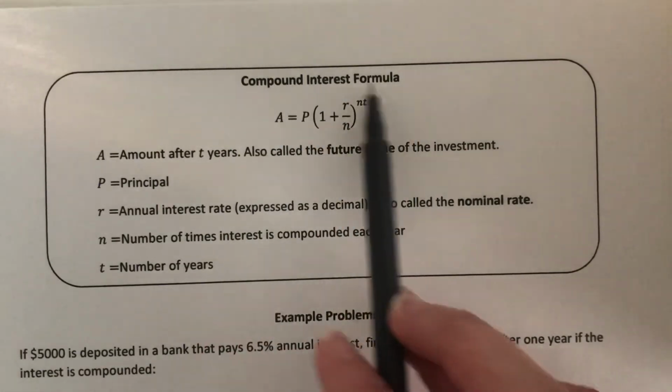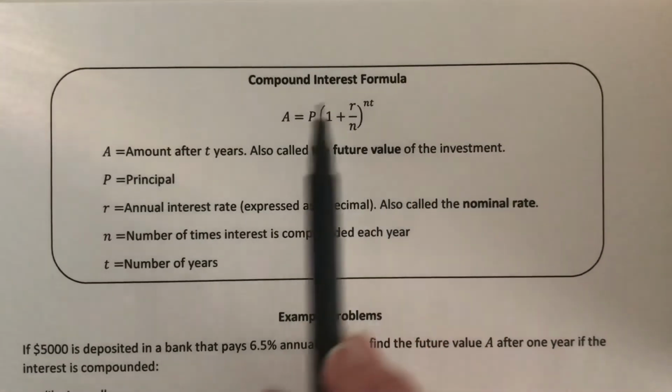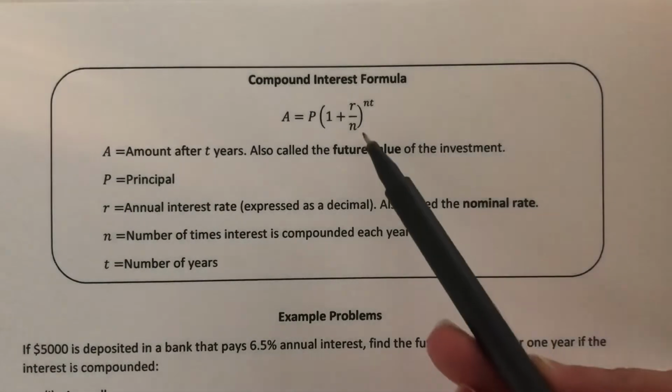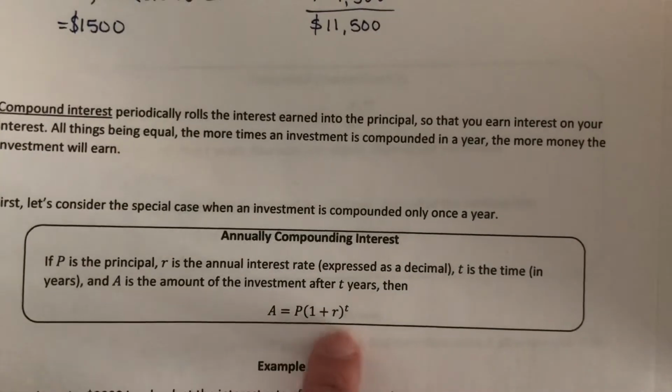Now, the difference between this and the one we just had is that variable N. N is the number of times interest is compounded per year. So in the previous problem, it was compounded annually, so that meant our N value was 1. And you can see that if you plug in 1 for N here, you get exactly this formula here.